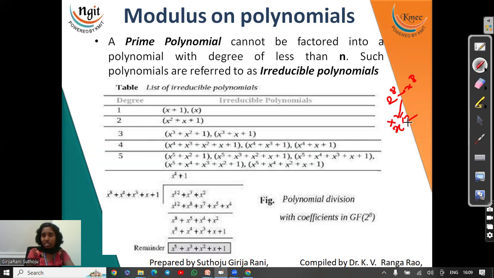So I should not have this in my terms, so I should go with the modulus operator with respect to the irreducible polynomials. Where the degree is less than n, we say irreducible polynomials. If you exceed, then immediately we apply the mod operation. Here x to the power of 8, x to the power of 12: whatever remainder we get from the mod operation will be my output.